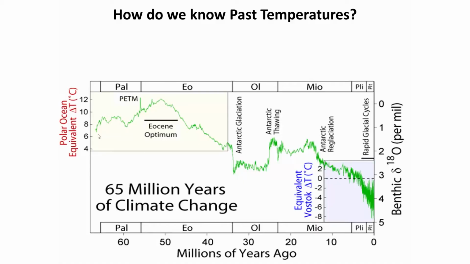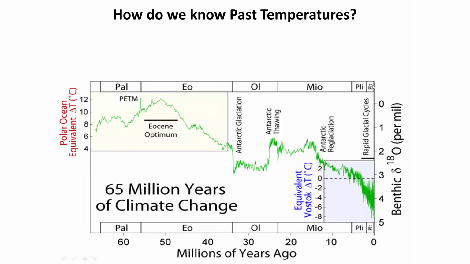So, we are looking at temperatures going back to about 65 million years here, and you can see the polar ocean equivalent temperature change going back to when the dinosaurs were just going extinct. The period was called Paleocene. You do not have to worry about these, but if you are a geology buff, then you know this is Paleocene, Eocene, Oligocene, Miocene, Pliocene, Pleistocene and so on.